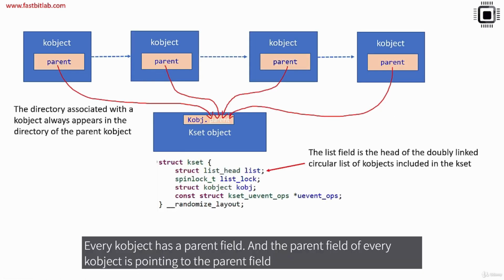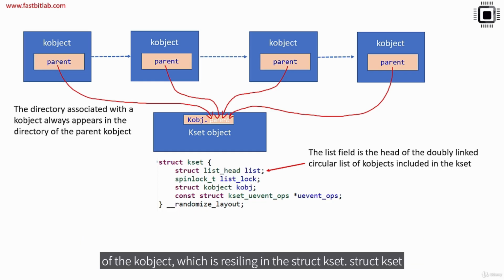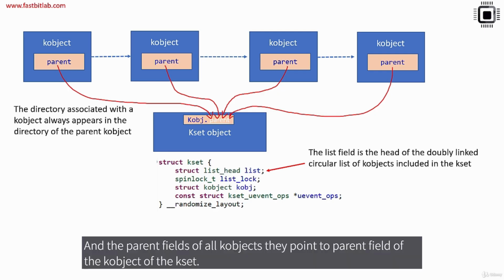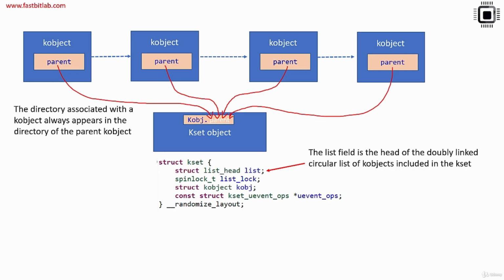Every kobject has a parent field, and the parent field of every kobject points to the kobject which is embedded in the struct kset. Struct kset also has a kobject embedded within it, and the parent fields of all kobjects point to the kobject of the kset.